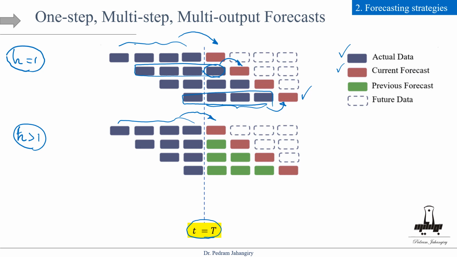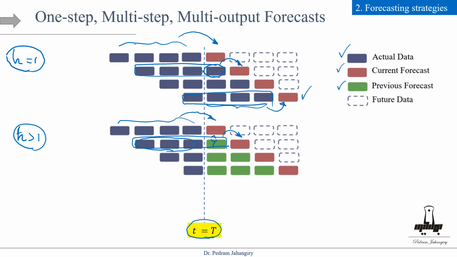The model is going to use the past 3 days of information and also the prediction from yesterday. We can show it with y hat. These are previous forecasts. Then it uses these 4 observations to make a forecast for the day after tomorrow. That means that if you want to make a forecast 4 days from now, you don't need to wait 3 days.